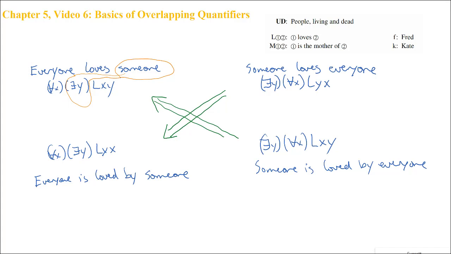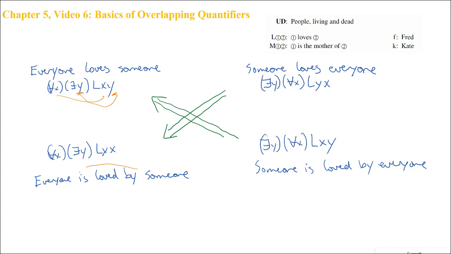On the left-hand side, we have everyone first, universal first, someone second, existential second. Then when we have the predicate in the active voice, the variable that's connected to the universal is in first position. The variable that's connected to the existential is in second position.